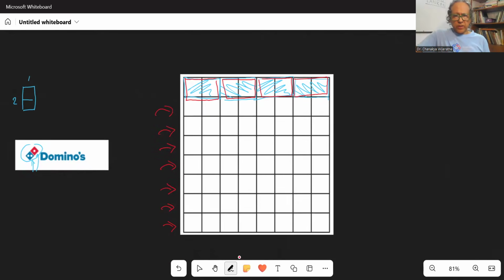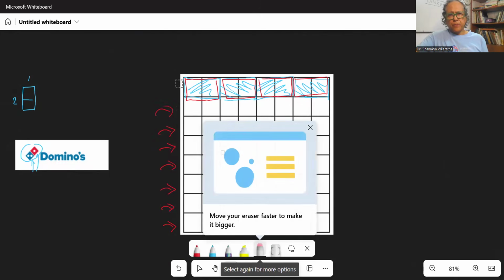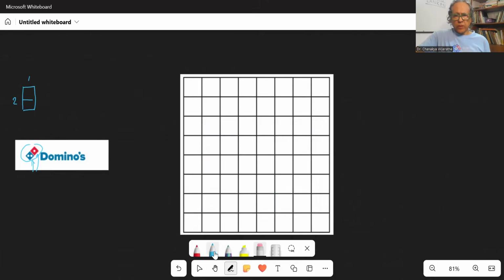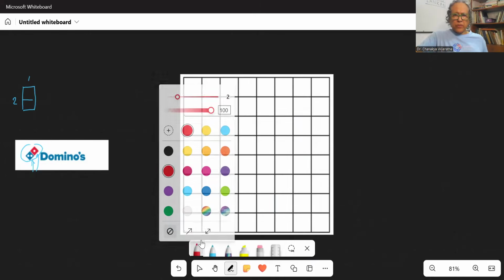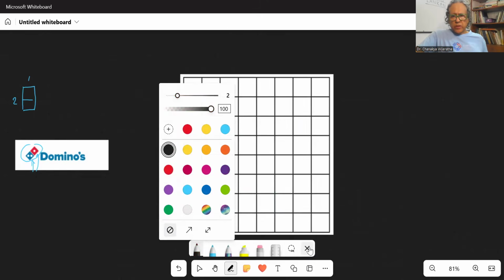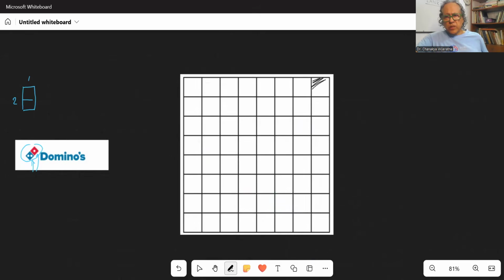First of all, I'm going to erase this. Right now we have a plain board. So we're going to remove the top right square from this chessboard. So this is removed. Can we tile this by dominoes?